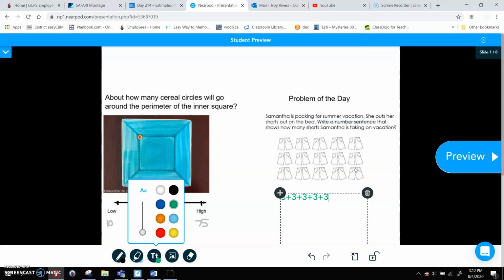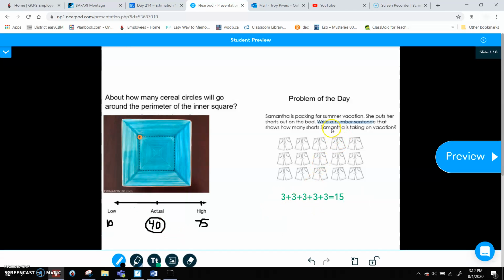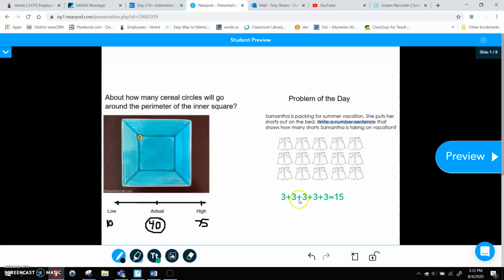And that's going to equal, let's see, so 3 plus 3 is 6, plus another 3 is 9, plus another 3 is 12, plus another 3 is 15. So my number sentence would be right here, and to get out of the text box, you would just click something else on here, and then it leaves it right there. So my number sentence says 3 plus 3 plus 3 plus 3 plus 3 equals 15, which matches that.